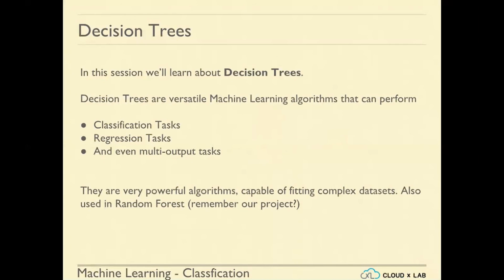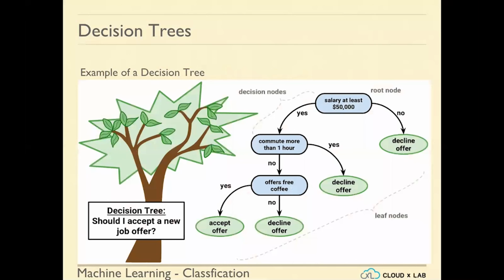Decision trees are very versatile machine learning algorithms that can perform classification tasks, regression tasks, and even multi-output tasks. They're very powerful algorithms capable of fitting complex data sets, also used in random forest. Imagine that you have a question: should you accept a particular job offer?